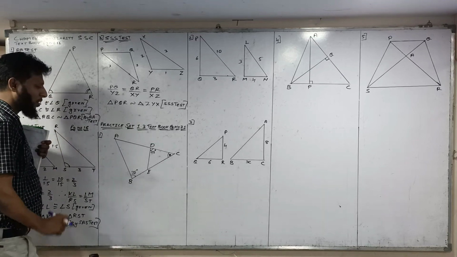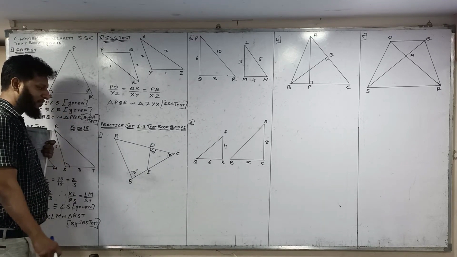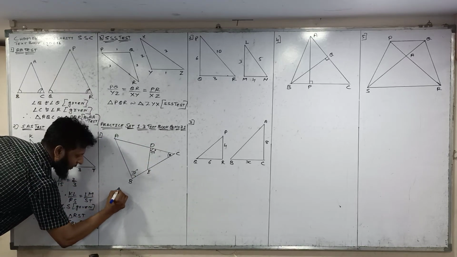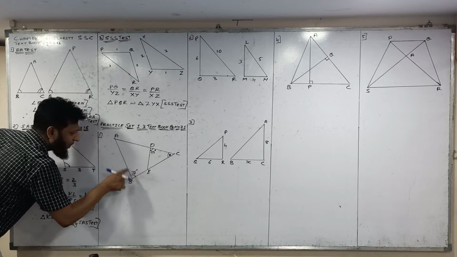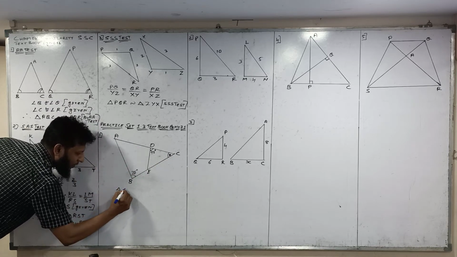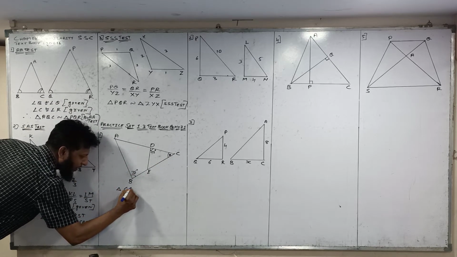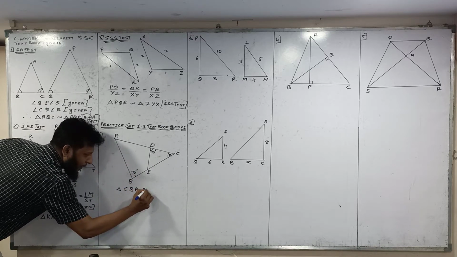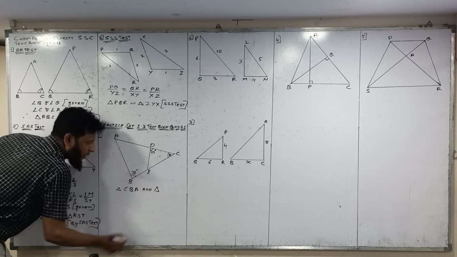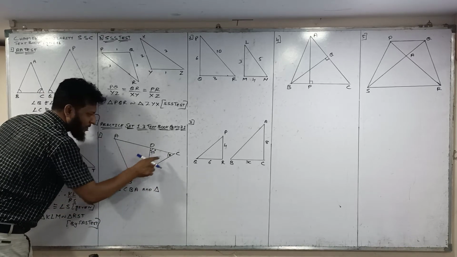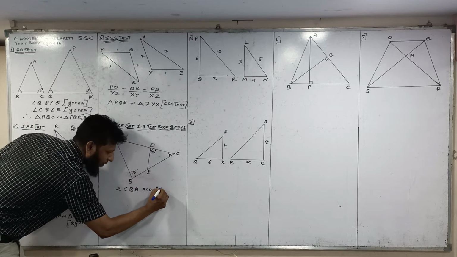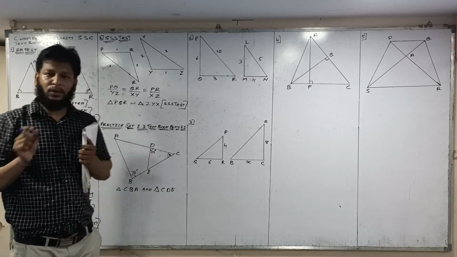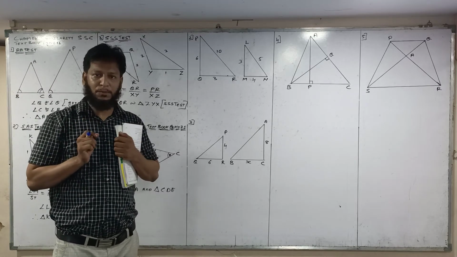I have to give the name to the triangle first. I am starting the name with the common angle, then 75, then the third angle. Two angles are enough to give the name: C, B, then A, so I am writing the name of the triangle as CBA, and for this one CDE. From the start, give the name in proper correspondence.